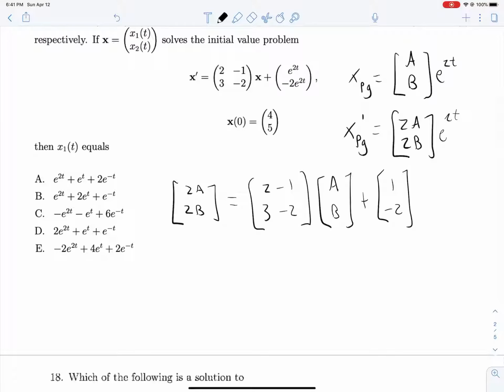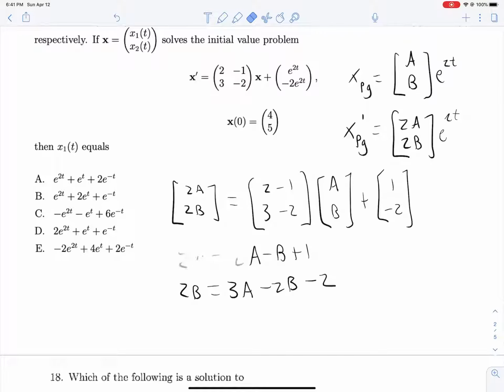Turning this into two individual equations, we see that 2a is equal to 2a minus b plus 1, and that 2b is equal to 3a minus 2b minus 2.